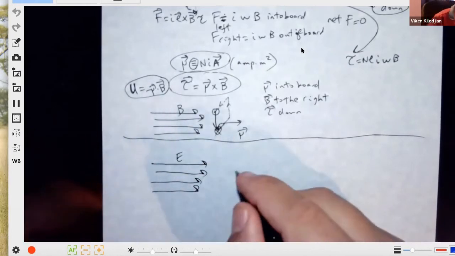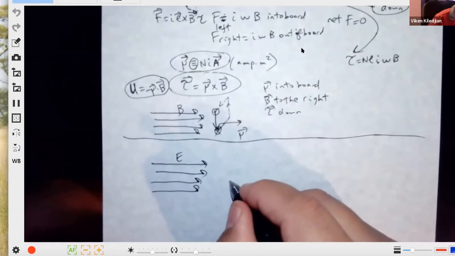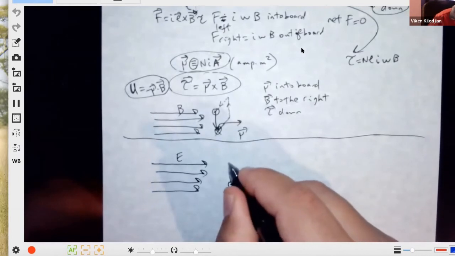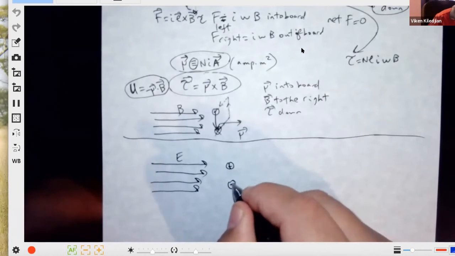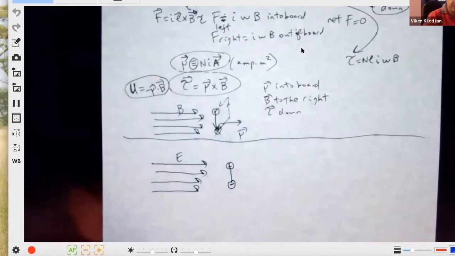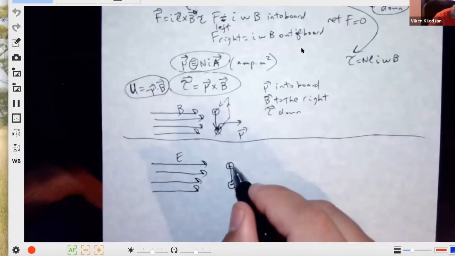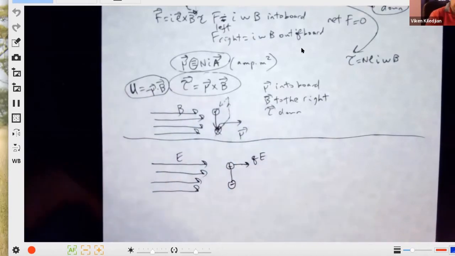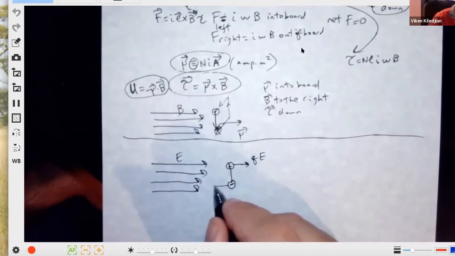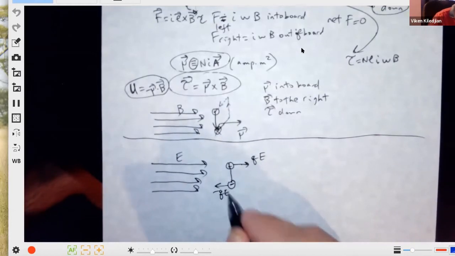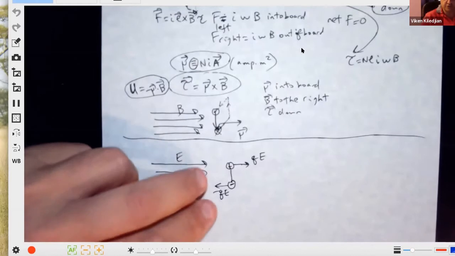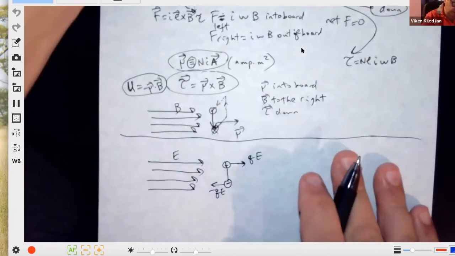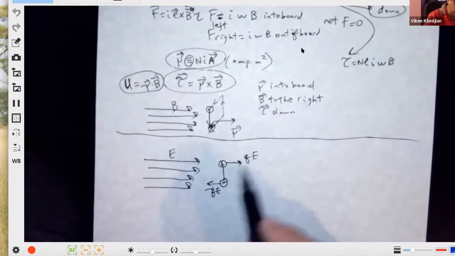And then, if you have a charge like this and another charge like that, bonded together, there's a force on it this way, QE, and another force on this guy, negative QE. So a dipole moment is one where you have a negative and a positive charge bonded together. So you have two forces.